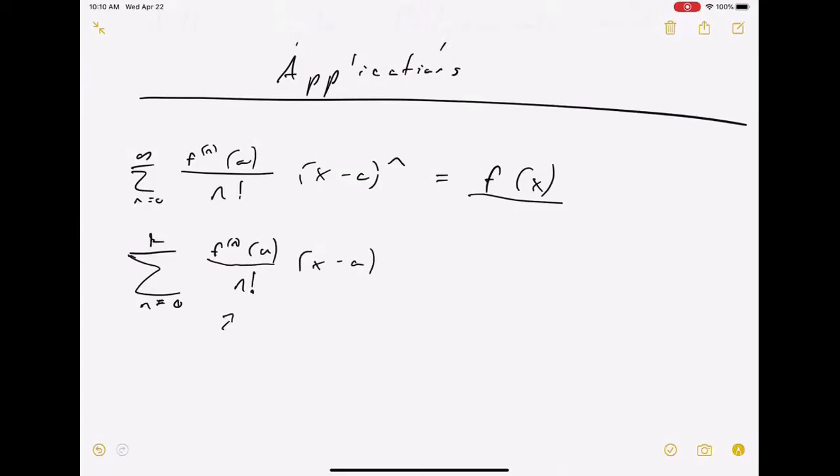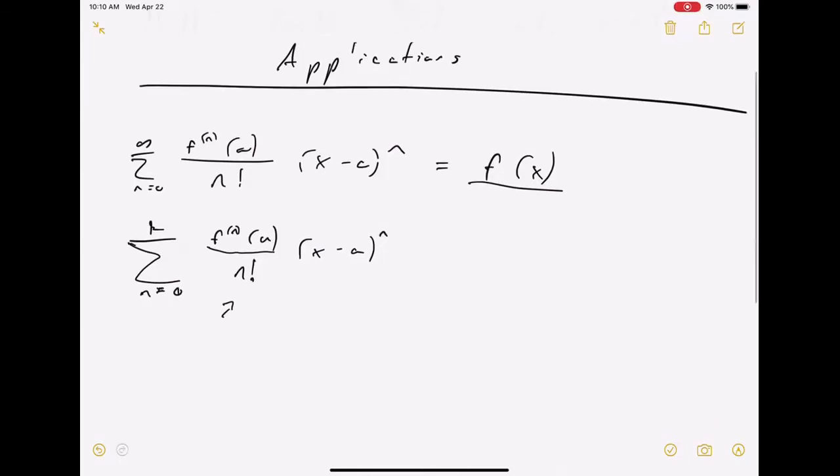The gist of it is that polynomials are pretty easy for a computer to calculate. It's much easier for a computer to calculate a polynomial than sine of x, because a polynomial is just addition and multiplication. Those are the only two things we need.